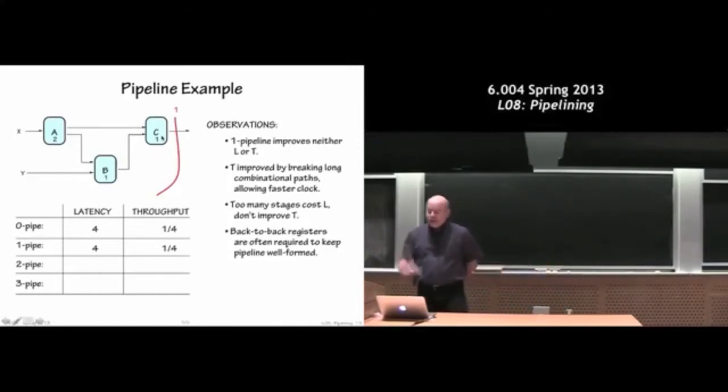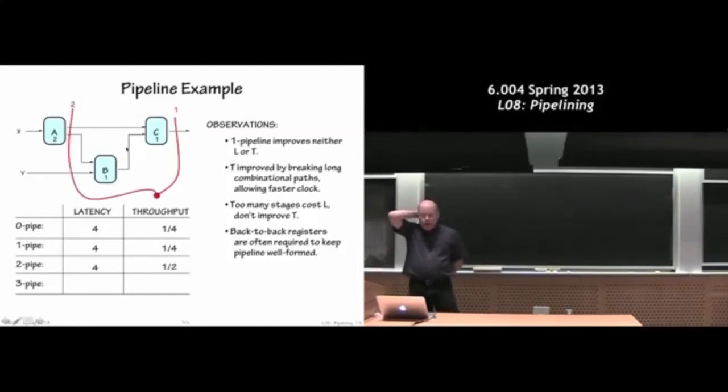Except now if we composed it with additional circuits, or for instance additional copies of itself, the TPD, the clock cycle here is set, and so we can compose multiple 1 pipes of this thing and end up with the same throughput. It wouldn't go down like it would with a 0 pipe, because composing this with an additional copy of itself would mean that we'd have to increase the TPD to account for that second stage of processing. But in a 1 pipe, we can keep the same clock cycle.